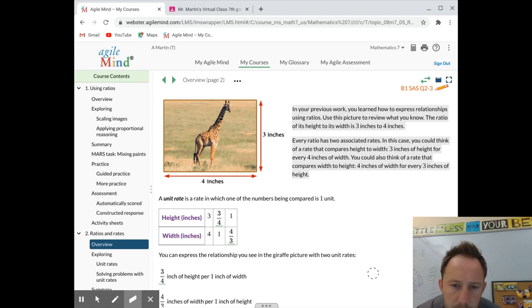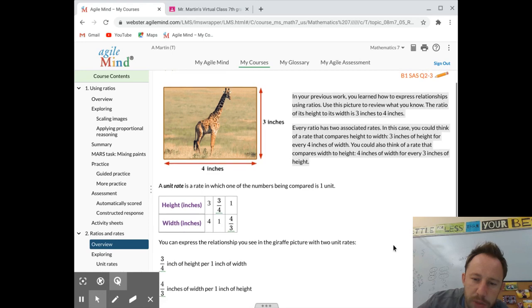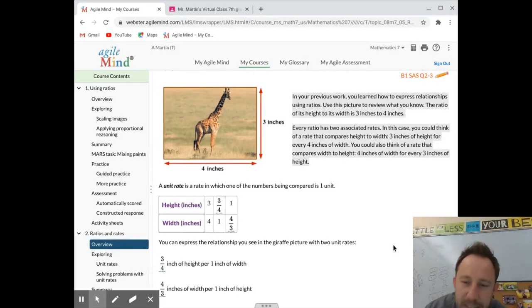All right. So looking at this, it says a unit rate is a rate in which one of the numbers being compared is 1 unit. That's what we talked about at the beginning of class. It says you can express the relationship you see in the giraffe picture with 2 unit rates.